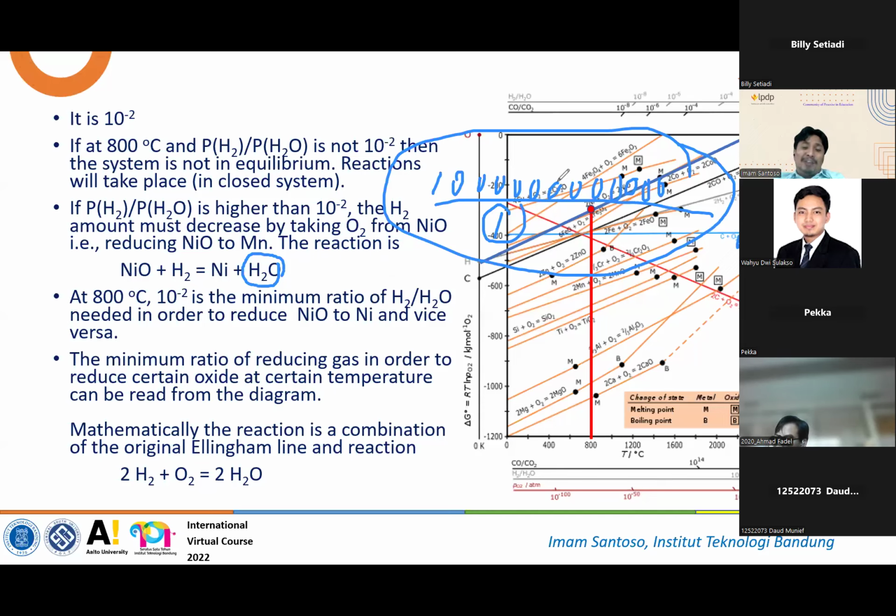So if the value is smaller than this one, then it is oxidative, and oxidation will take place. You will not produce magnesium from magnesium oxide, but you will oxidize magnesium to become magnesium oxide if there is magnesium metal in the reactor. I hope that answers your question.